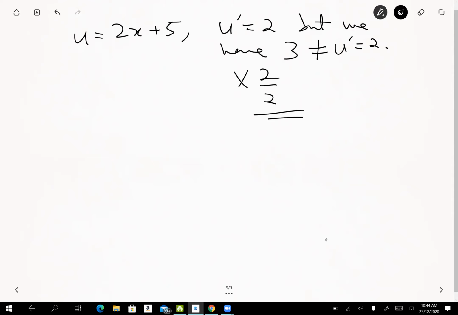Now, example number 5 is macroeconomics. You are given the marginal propensity to consume. So you have a consumption function. Consumption function here.